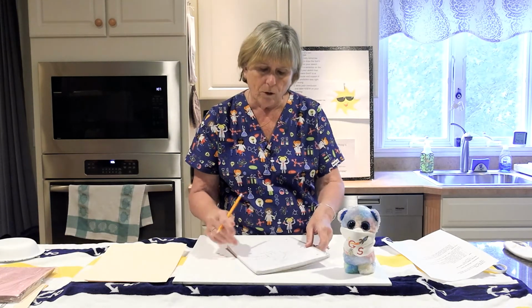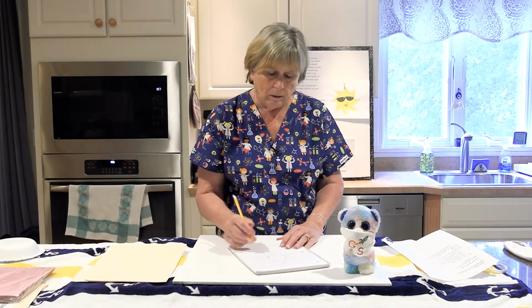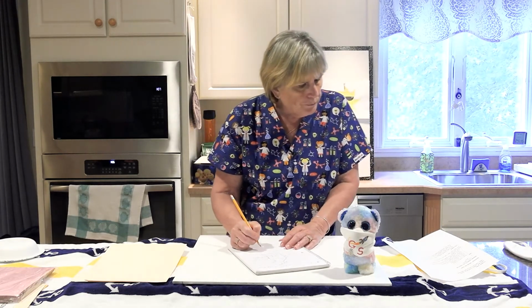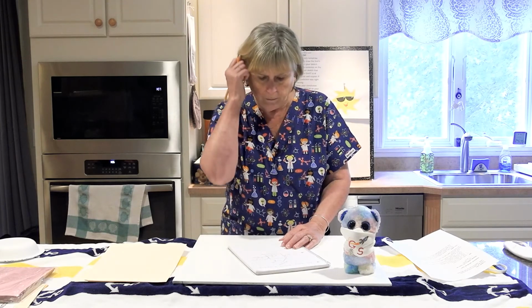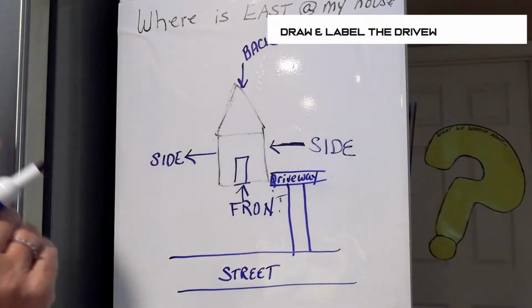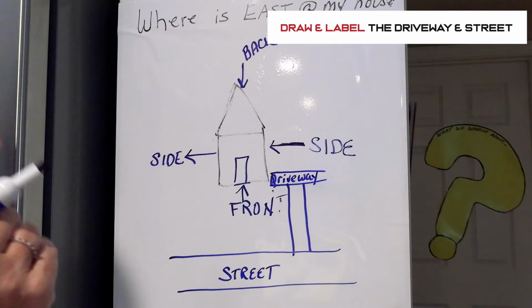So I'd like you to draw and label your driveway. So if I'm looking at my house, then my driveway is on the side, off to the side and in front of my house. So I'm going to make my driveway and label it.